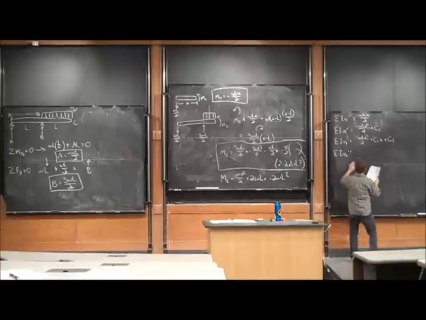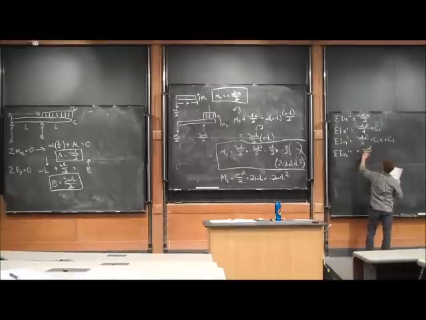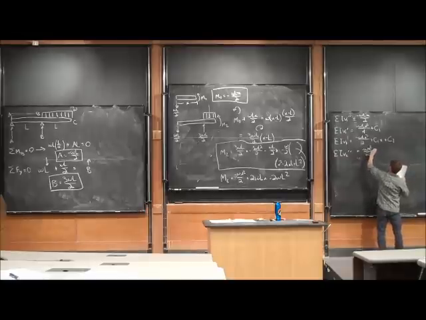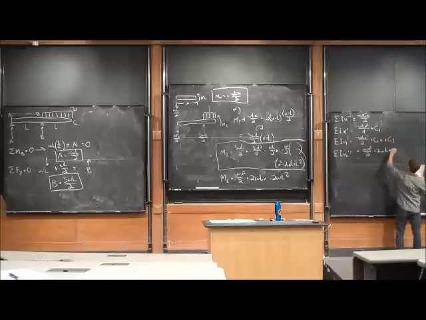So that is equal to what we saw before, which is negative WX squared over 2 plus 2WLX minus 2WL squared.